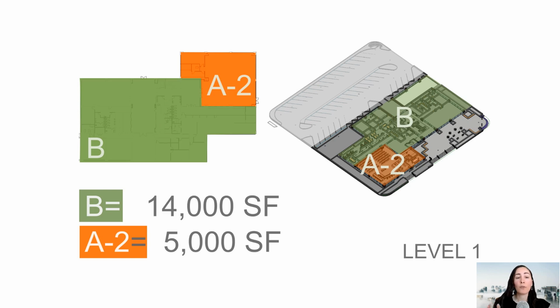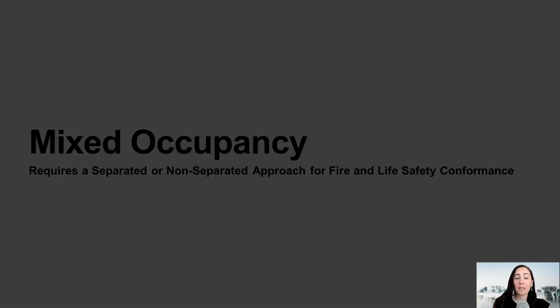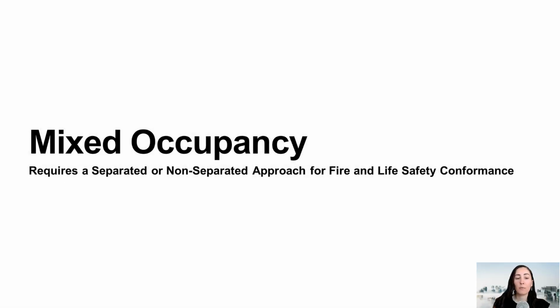So we've gone over the 10%. So we can't say that A2 is an accessory occupancy. This means that we can't classify A2 as an accessory or even an incidental use. Therefore, we're going to call it a mixed occupancy building, which is going to then require either a separated or a non-separated approach for fire and life safety. And we'll talk about this in a later portion of this video.